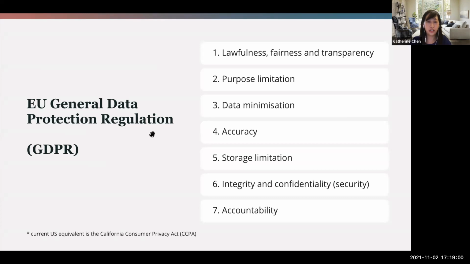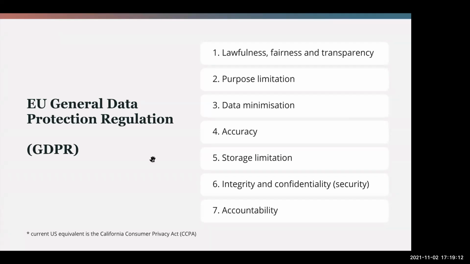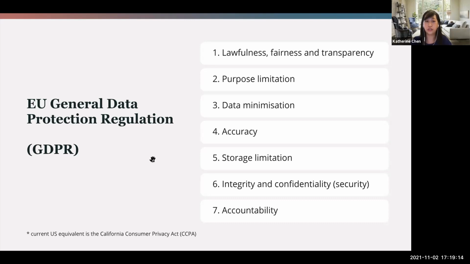Now, I touched on GDPR a little bit ago when I was talking about research, but essentially this is a privacy regulation in Europe, and it lays out a couple of principles on how to regulate and use data respectfully. These are the 7 basic principles of it, and they recommend that companies take a more proactive approach to data.